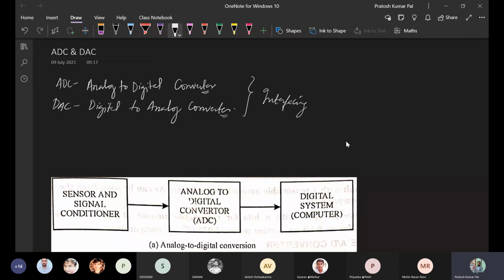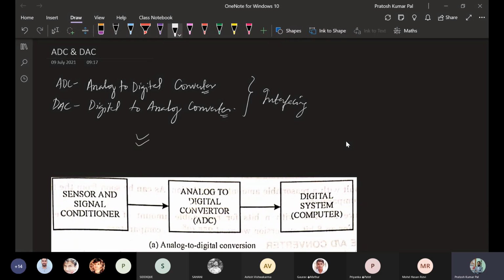That will be converted to a digital value and processed in digital form only, and after processing the result will be a digital signal, but a digital signal is not understandable to us. So that digital signal should be converted to an analog signal, and that analog value will be connected to the speaker.